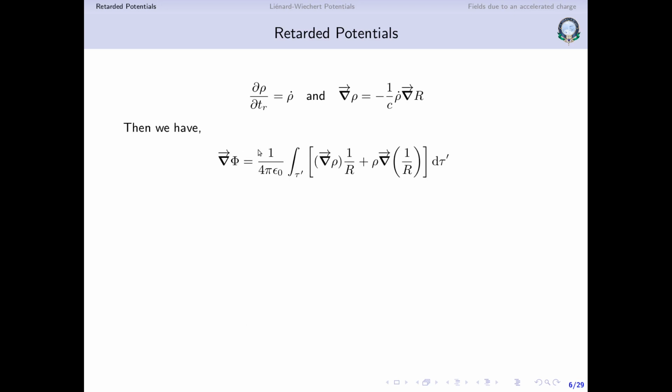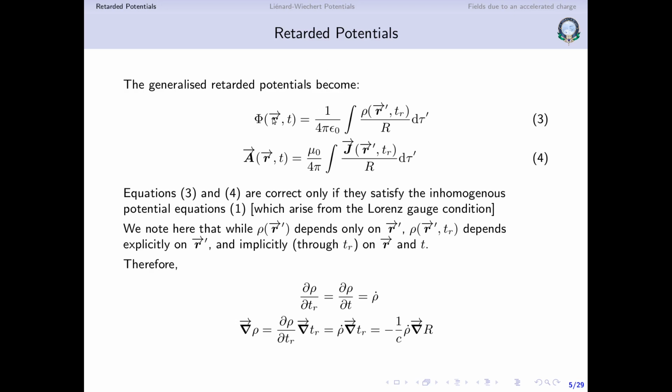Now, we take the gradient on the integral, and inside the integrand we have a product of ρ and 1/R, a product of two scalar fields. So when you take the gradient of a product of two scalar fields, we have to use the product rule. First you apply the gradient on ρ, leaving 1/R as it is.